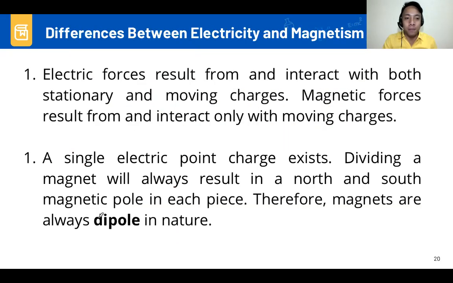Okay? Now, these are some important reminders about the differences between electricity and magnetism. Electric forces result from and interact with both stationary and moving charges. Magnetic forces result from and interact only with moving charges. Okay?